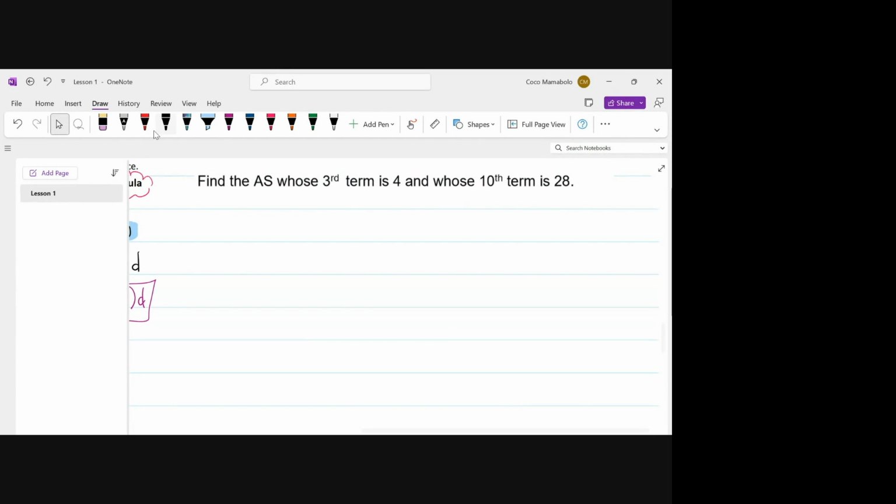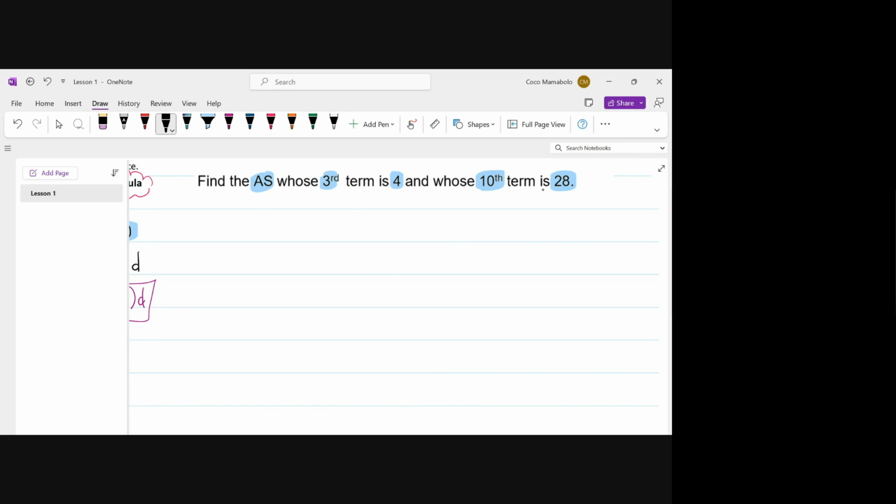All right. So this one says, find the arithmetic sequence, that's what the AS stands for, whose third term is 4 and whose 10th term is 28. Okay, so we're going to start the process again. Remember, we always want to take the bigger number over the smaller number, otherwise it just gets a little bit messy.